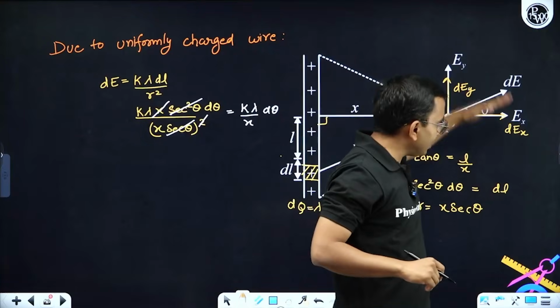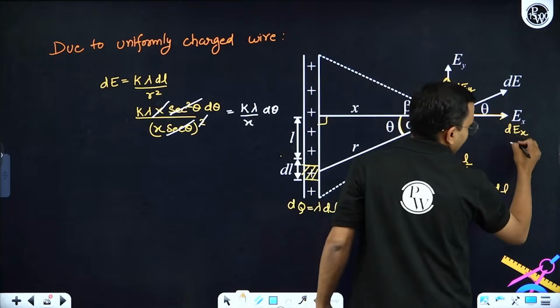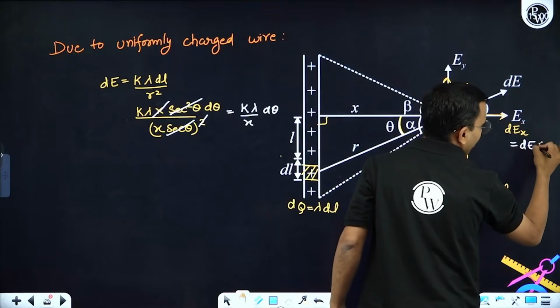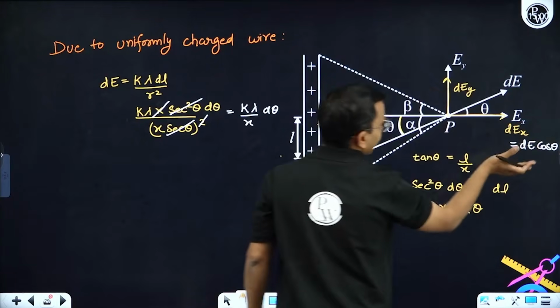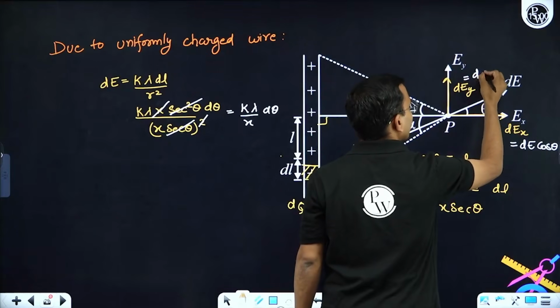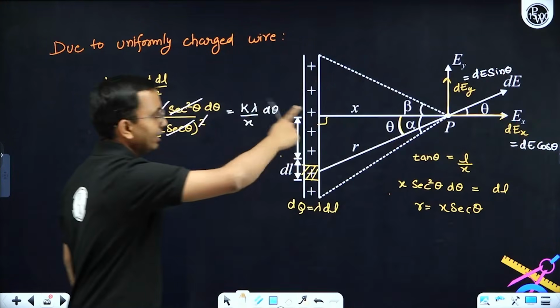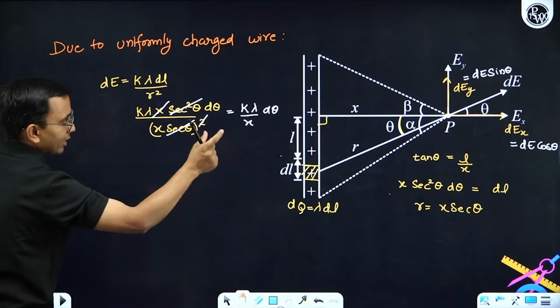Now I'll write dEx, that is dE cos theta. Vertical dEy, that is dE sin theta. Separately integrate. So let us find Ex first.